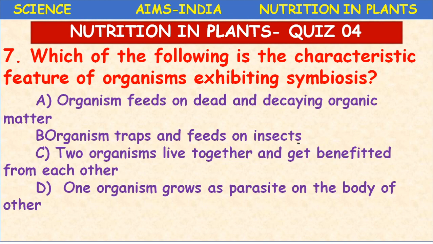What is the right answer? So symbiosis, symbiotic association means two different organisms associate with each other, get benefit with each other, are mutually benefited. Such a type of nutrition is called symbiosis. So what is the correct option here? C. Two organisms live together and get benefited from each other. Okay, children.